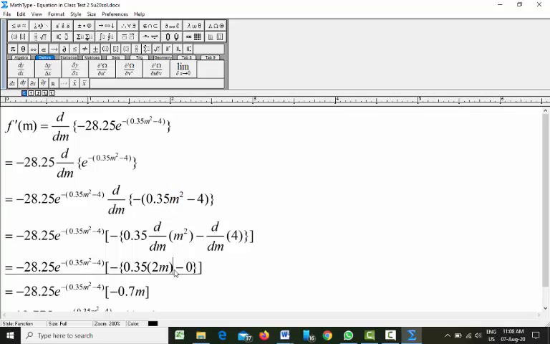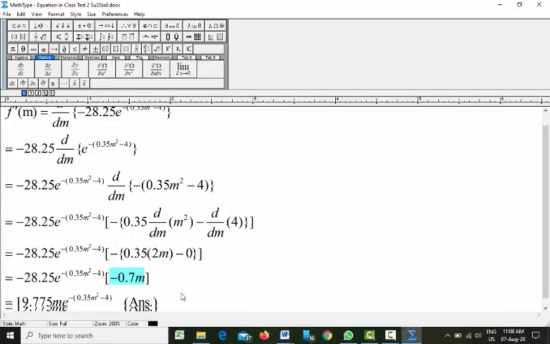So 0.35 multiplied by 2m, and then differentiation of the constant gives 0. So 0.35 multiplied by 2 gives 0.7 m. So we get minus 0.7 m.